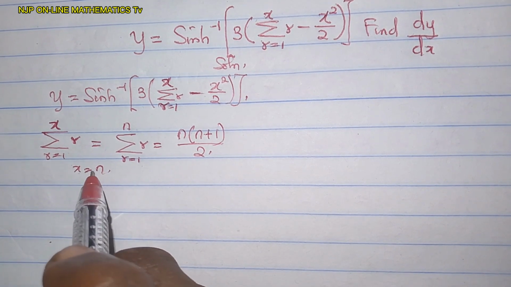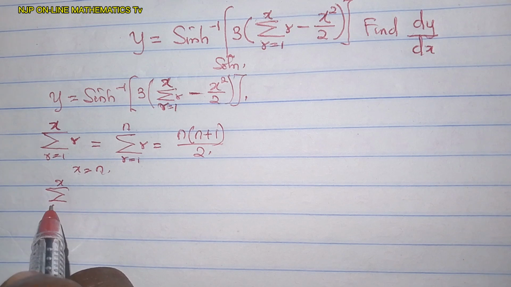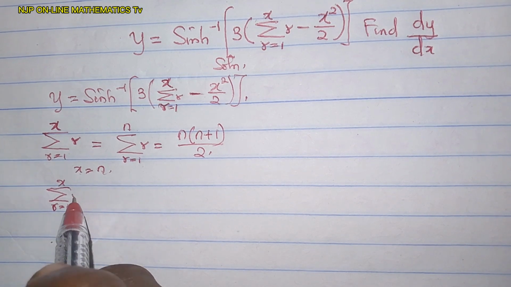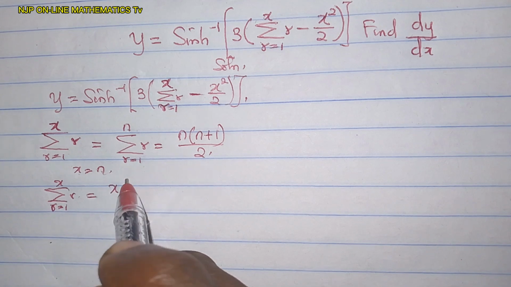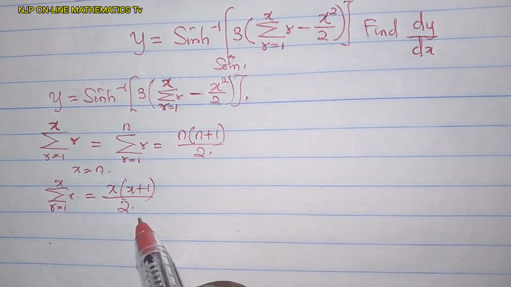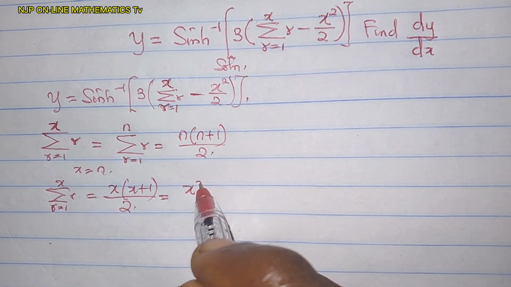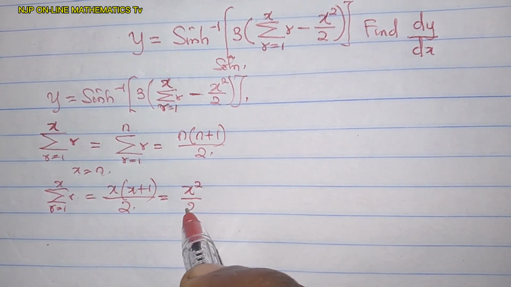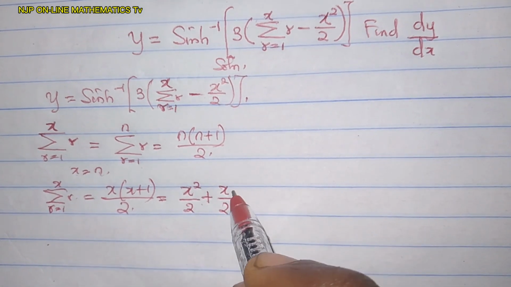So where x equals n, the whole of this, where r ranges from 1 to x, becomes x all multiplying x plus 1 all divided by 2. This can further be simplified to be x squared divided by 2 plus x divided by 2.